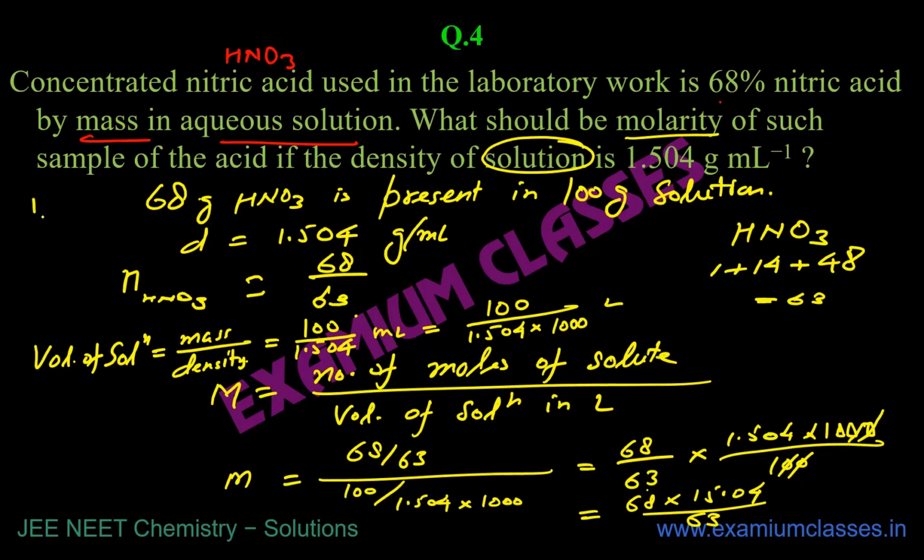If you have 1.1, 1.5 times will be approximately 1.6. So the answer should be 16 point something or approximately 17 in the options available. But here, if you solve, it will be exactly 16.24.